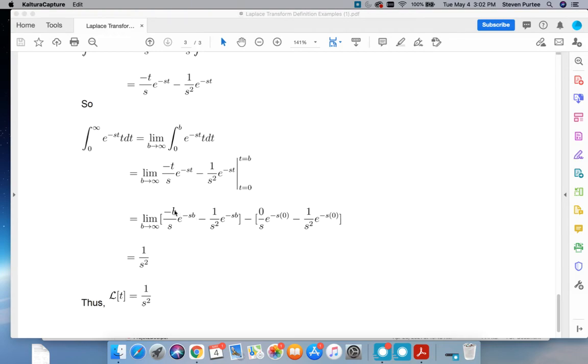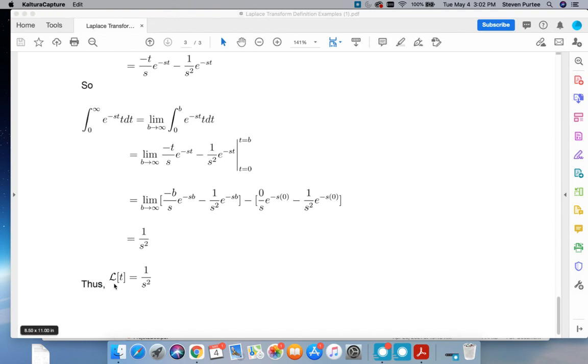Exponentials beat any polynomial. This exponential goes to 0 faster than b goes to infinity. So this term goes to 0. Similarly, this term will go to 0. E to the 0 is 1, so we get a minus and a minus. This is just 0. We get 1 over s squared. So the Laplace transform of t is 1 over s squared.